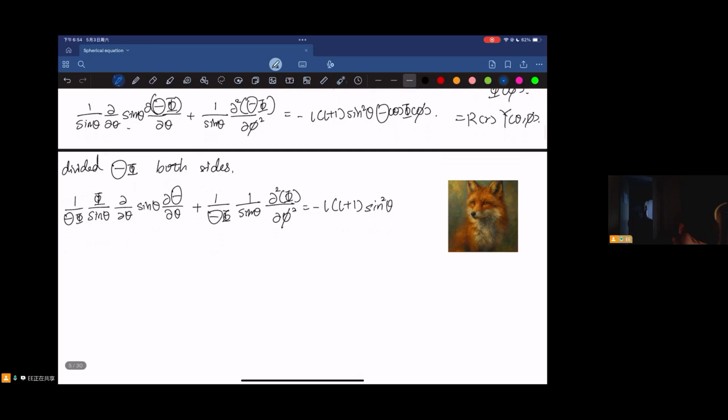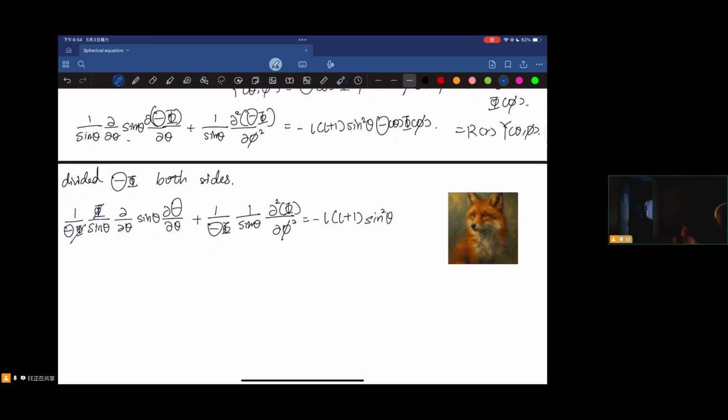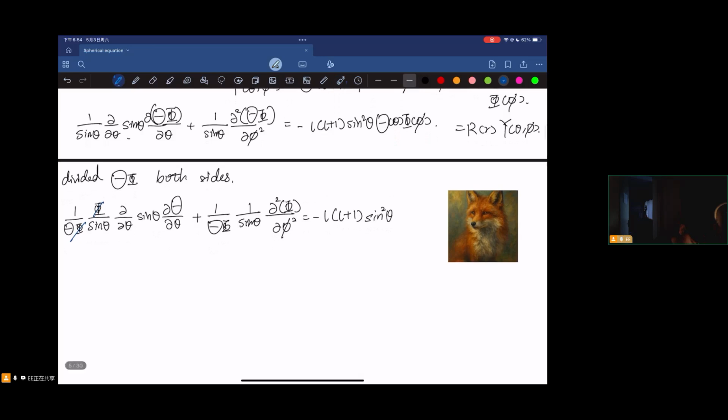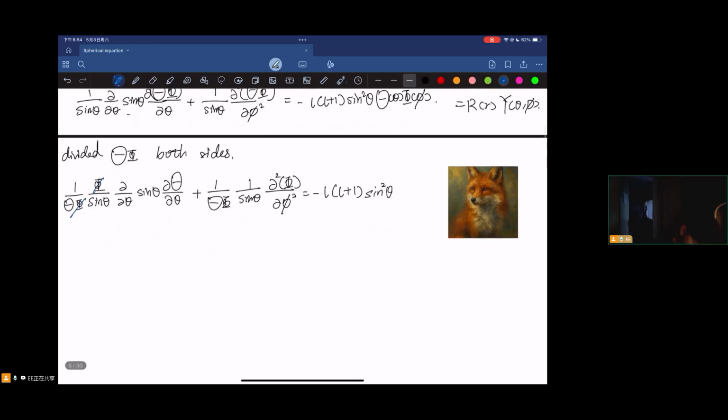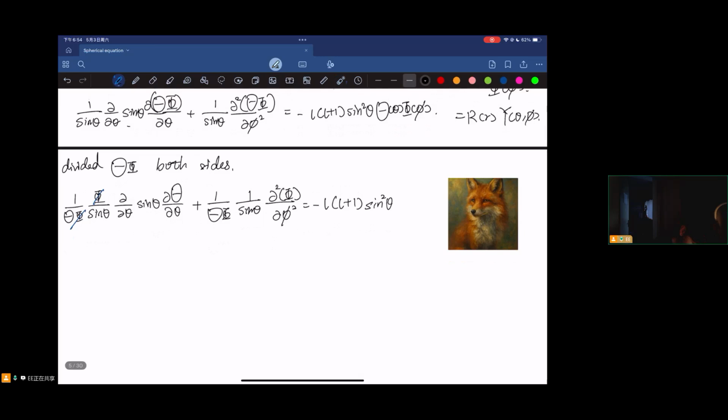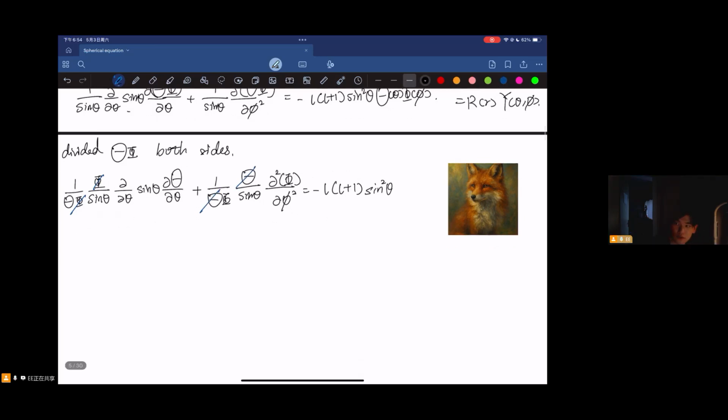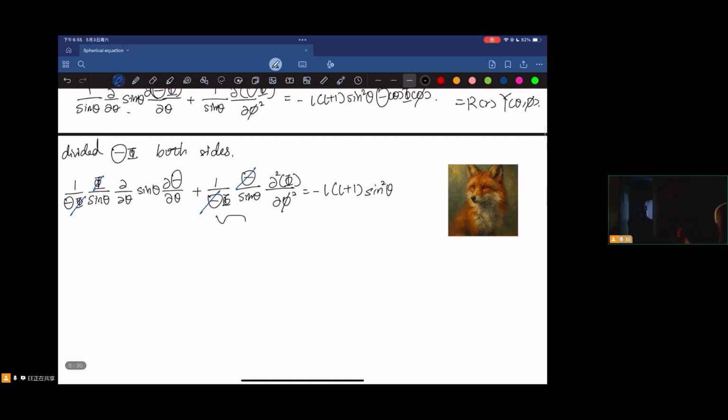And then cancel, and here we miss one thing, which is we moved the big theta out, so the big theta would cancel. So after it cancels, we have here.